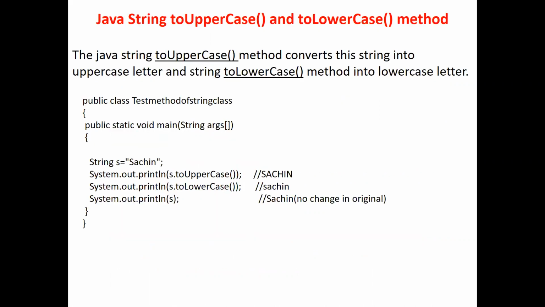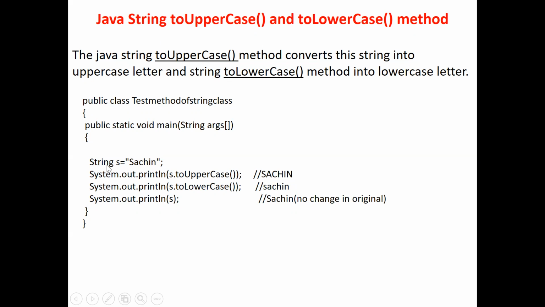Let's go here. See what I mentioned. There are two functions. You have written a string in all upper case or lower case or anything. If you want everything in uppercase, there is a function called toUpperCase. If you want everything in lowercase, there is a function called toLowerCase.